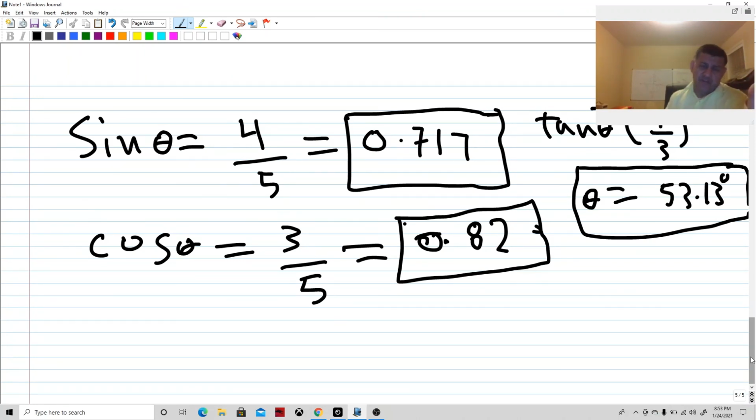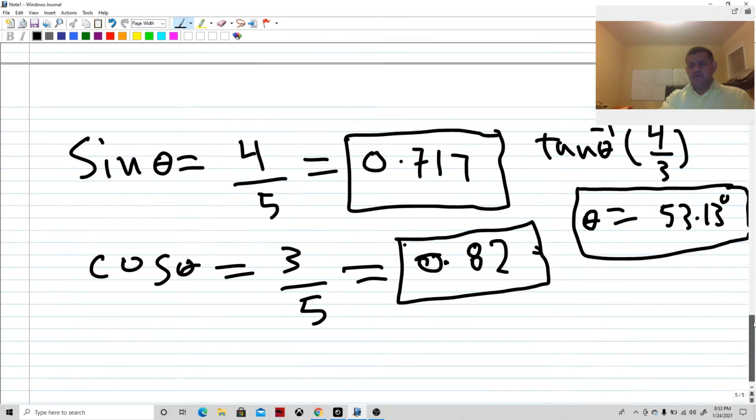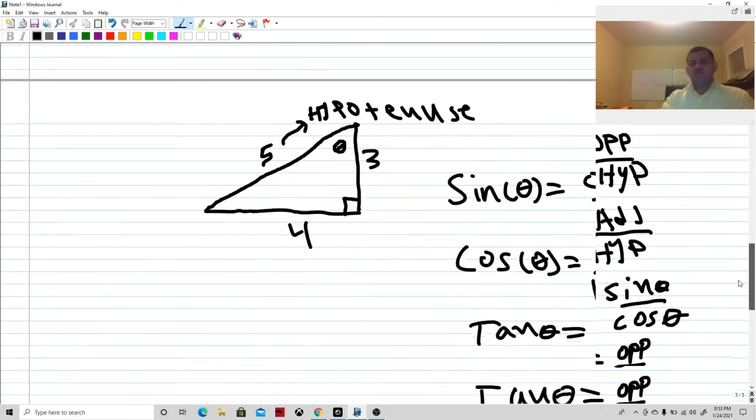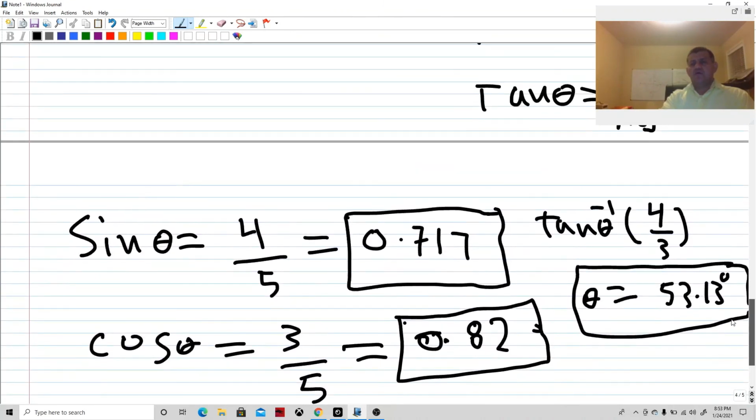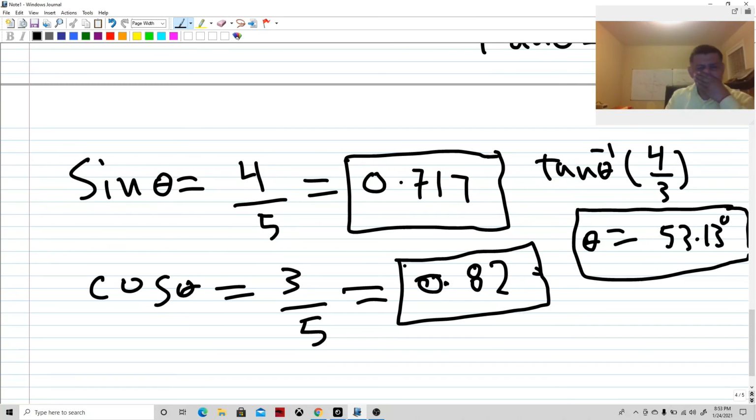Well, you use the Pythagorean theorem to find the value, then put the numbers in the triangle and do the rest of the steps as we did here, and it will work the same. That's how we do basic trig.